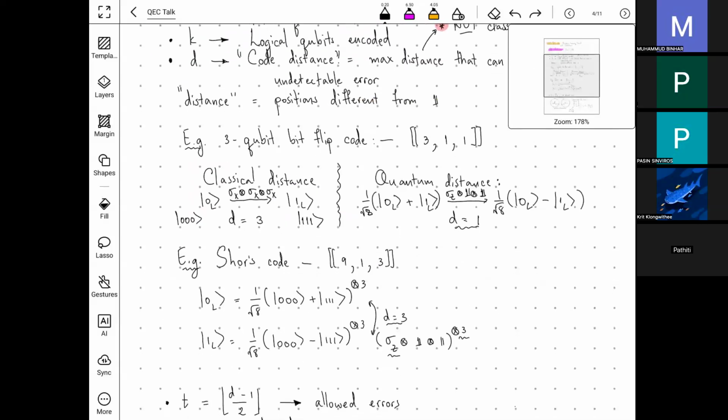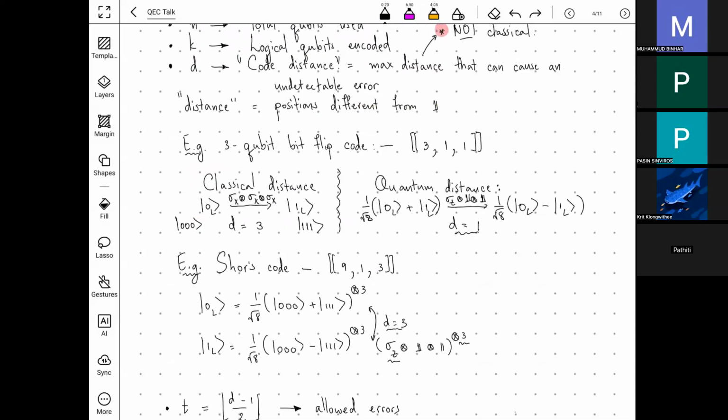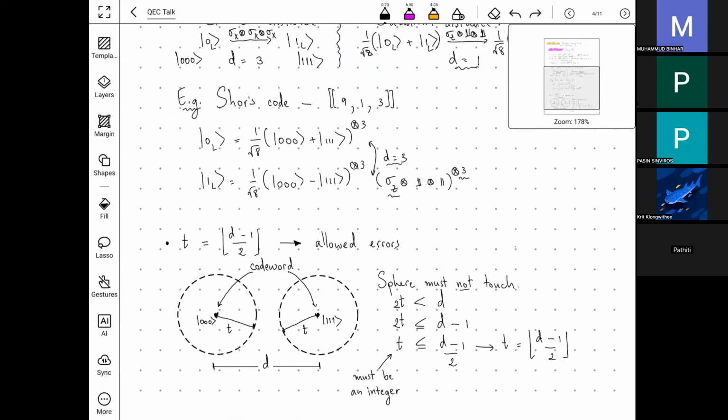I don't know how the book describes T. Actually, it is just described as the amount of allowed detectable errors before the bits get flipped.